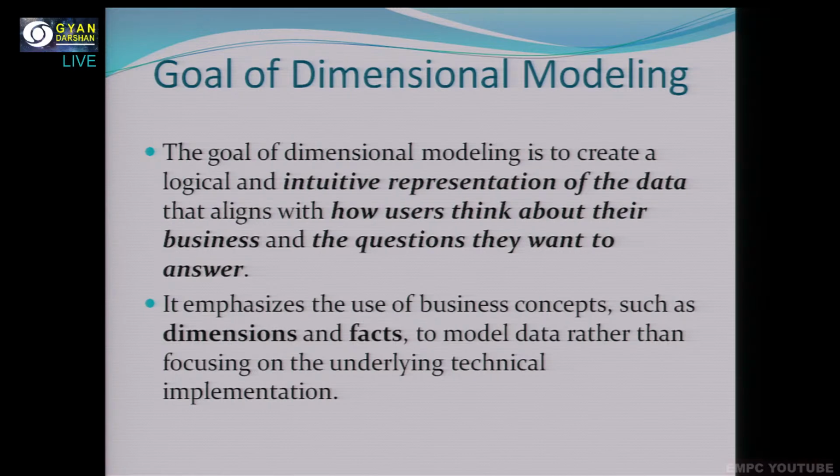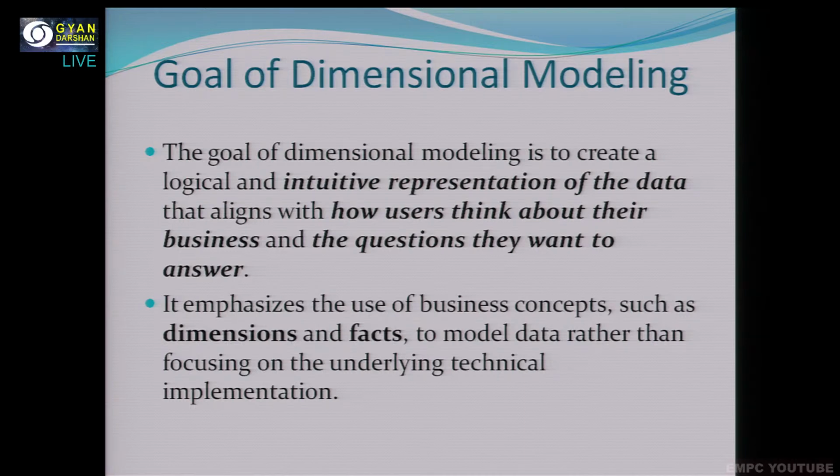In a relational schema, you have to find the entities, the relationships, weak entities, strong entities, and the cardinality. But here it is very near to the human thought process about their business processes and the questions they want answered from the data warehouse. This is the basic goal.